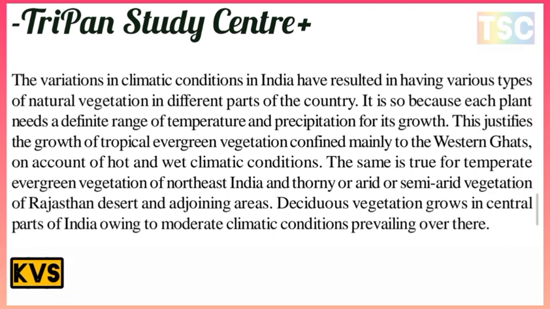This justifies the growth of tropical evergreen vegetation confined mainly to the Western Ghats on account of hot and wet climatic conditions. The same is true for temperate evergreen vegetation of northeast India and thorny arid or semi-arid vegetation of Rajasthan desert and adjoining areas. Deciduous vegetation grows in the central part of India owing to the moderate climatic conditions prevailing there.